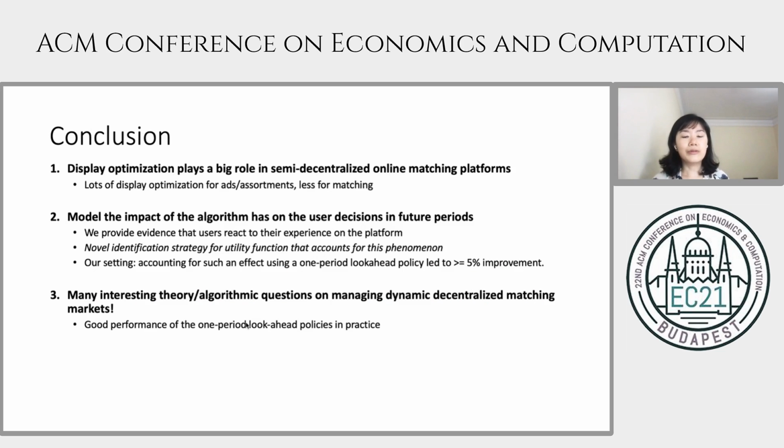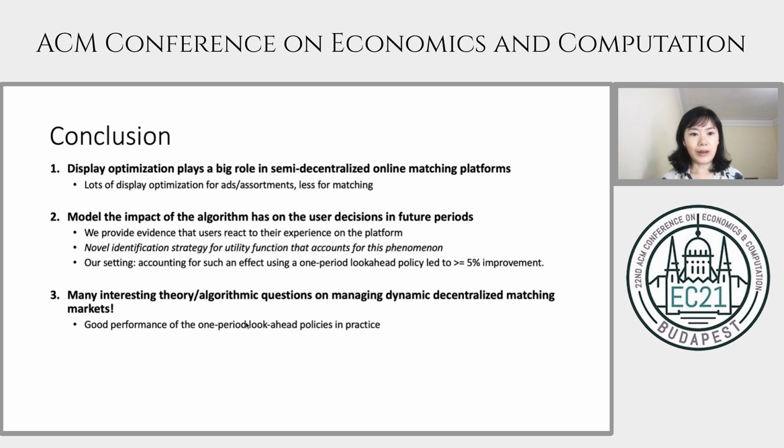To conclude, here are a few things that we learned from this paper. We learned that display optimization plays a very important role in semi-decentralized online matching platforms. There's a lot of work on advertisement, retail assortment, and display optimization, but not so much for matching.